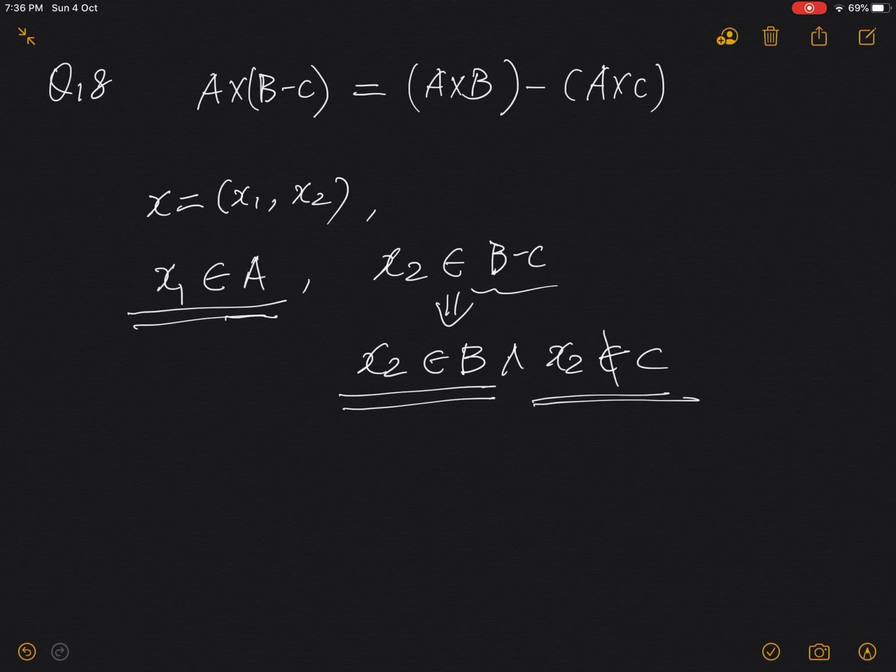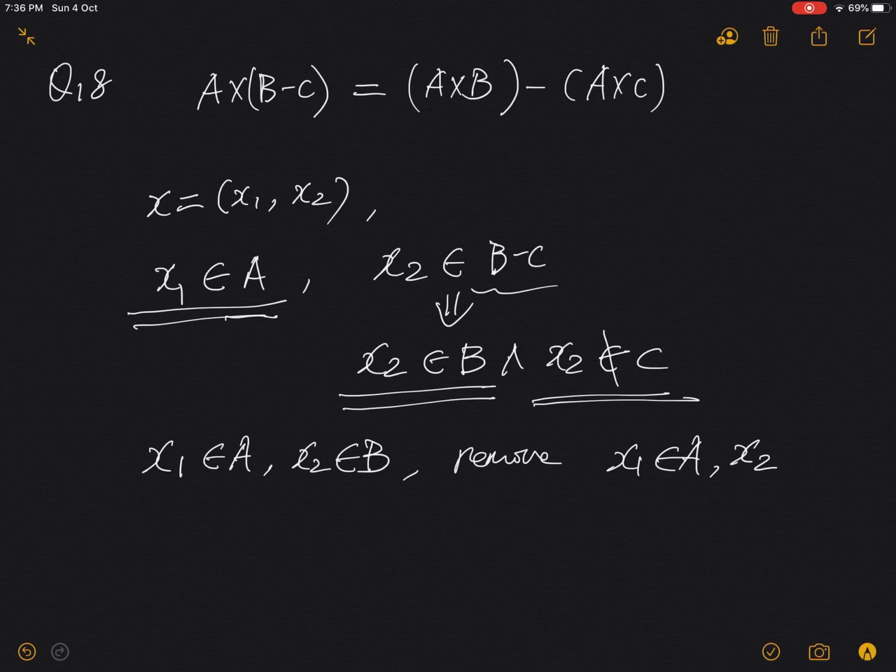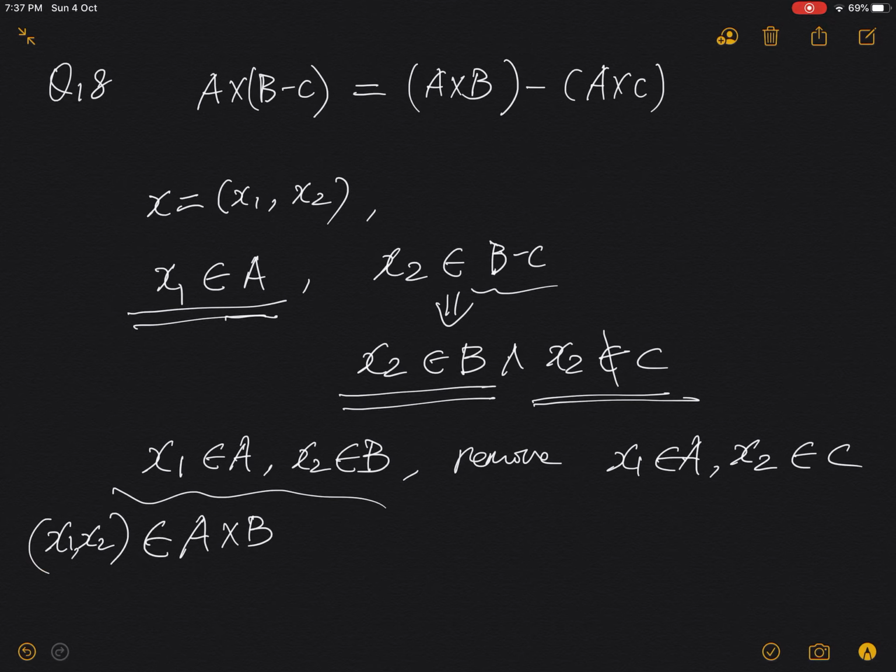So we have x1 chosen from A, x2 chosen from B, and then remove x1 chosen from A, x2 chosen from C. For the first case, it's the Cartesian product of A and B.